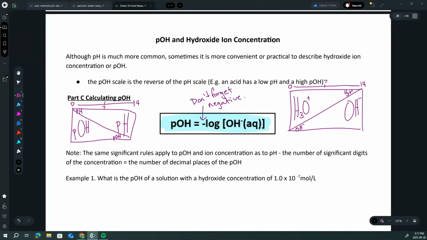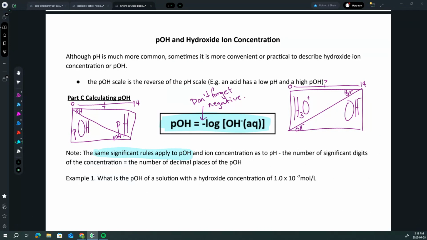Okay, so note the same significant digit rules apply to pOH and ion concentration as to pH, being the number of significant digits of concentration is equal to the number of decimal places of pOH. What it's saying here is that pOH has a P in it.